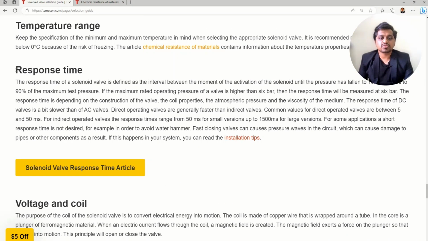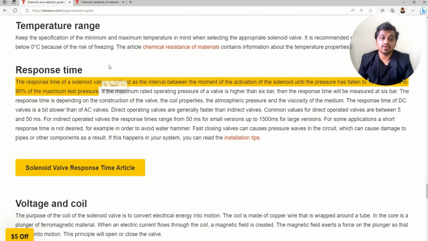Then we have response time. The response time is very important and crucial as far as the cycle time of the system is concerned. The response time is nothing but the time required to switch your solenoid valve on or off. It will be in, say, milliseconds, but it will affect a lot if the cycle time is crucial.